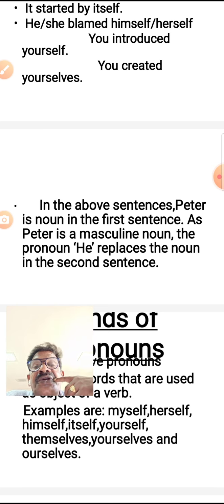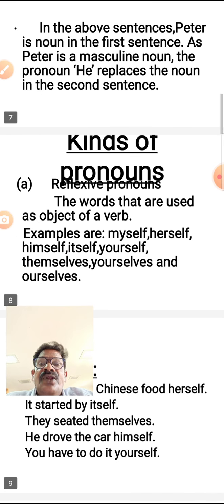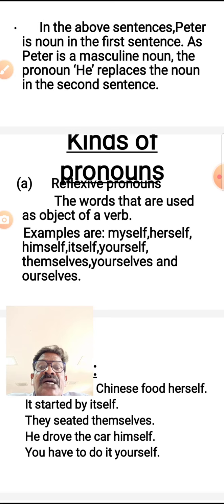Peter is not a girl, Peter is not a woman. So that is why he is a masculine gender, and the pronoun he replaced the noun in the second sentence, right?